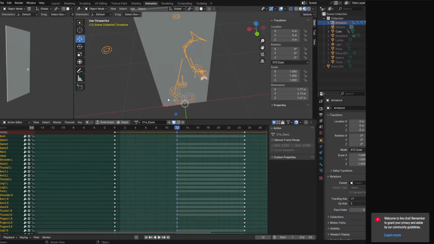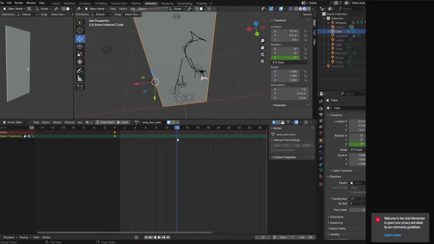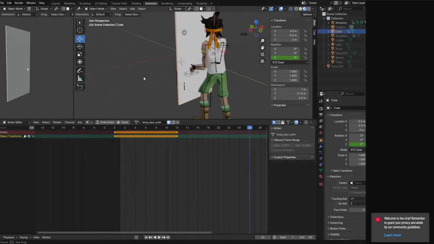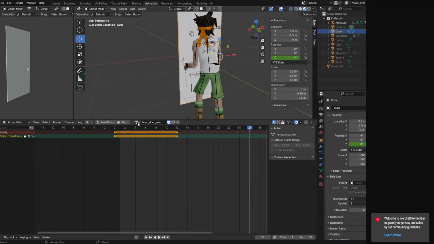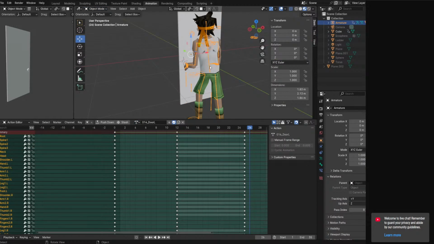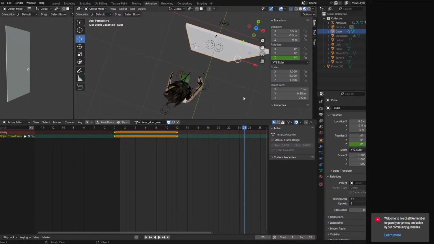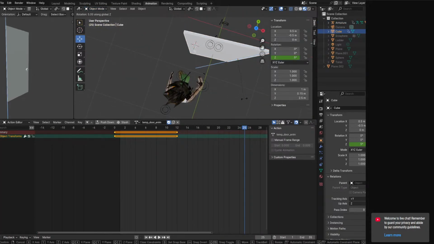Frame 12. Frame 25. It should be at 45 degrees, I think.